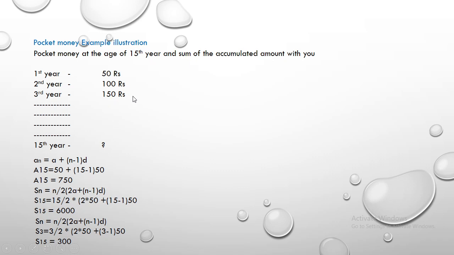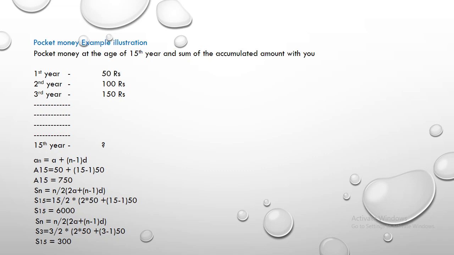Or we can also take it as third year minus second year, that is 150 minus 100, it's also 50. If we take 15 minus 1, it's 14. 14 into 50 plus 50, if we add it, we are going to get 750. Means her father has given 750 rupees at the 15th year.